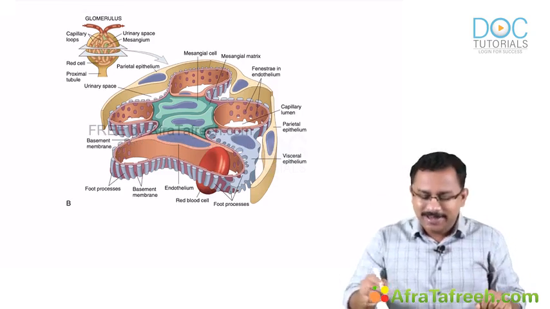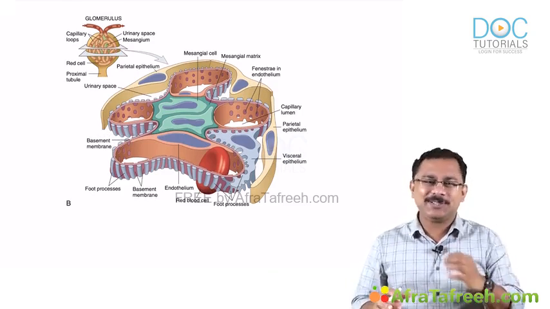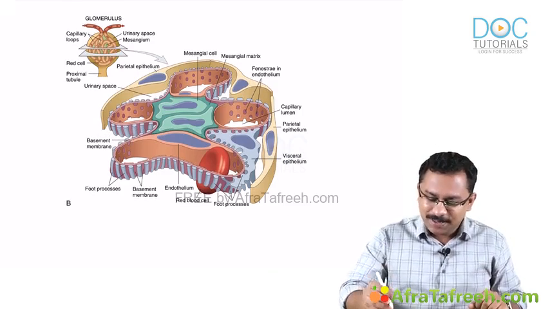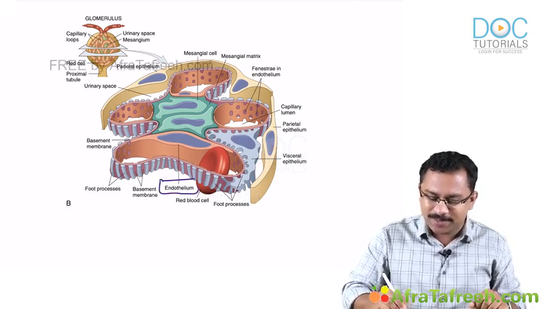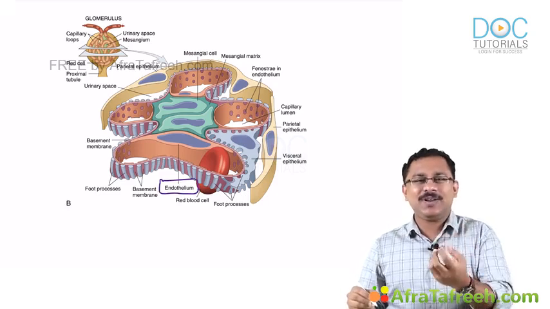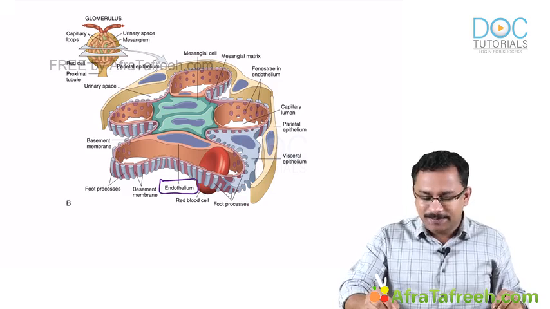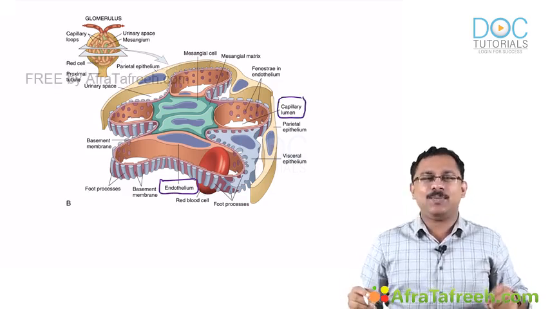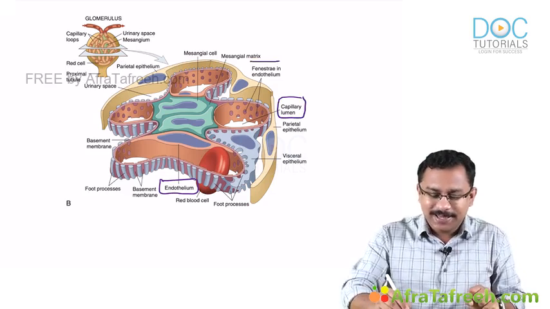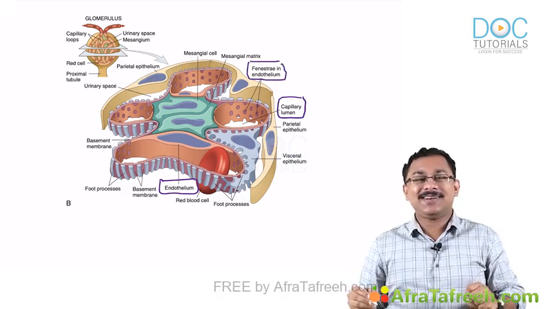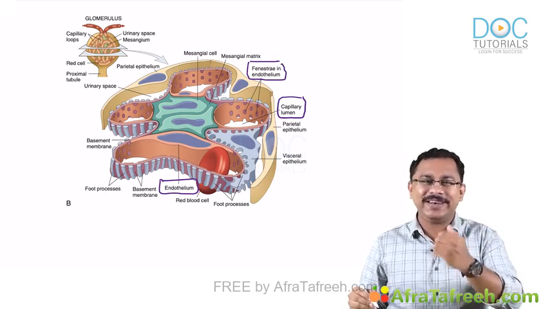Now, I'm sure that you are in a better position than me to explain this simple picture. Are you able to see the capillary endothelium here? Yes, you have the glomerular capillary endothelium and the capillary lumen, and we have already learned that the capillary endothelium has fenestrations, 50 to 100 nanometer fenestrations.